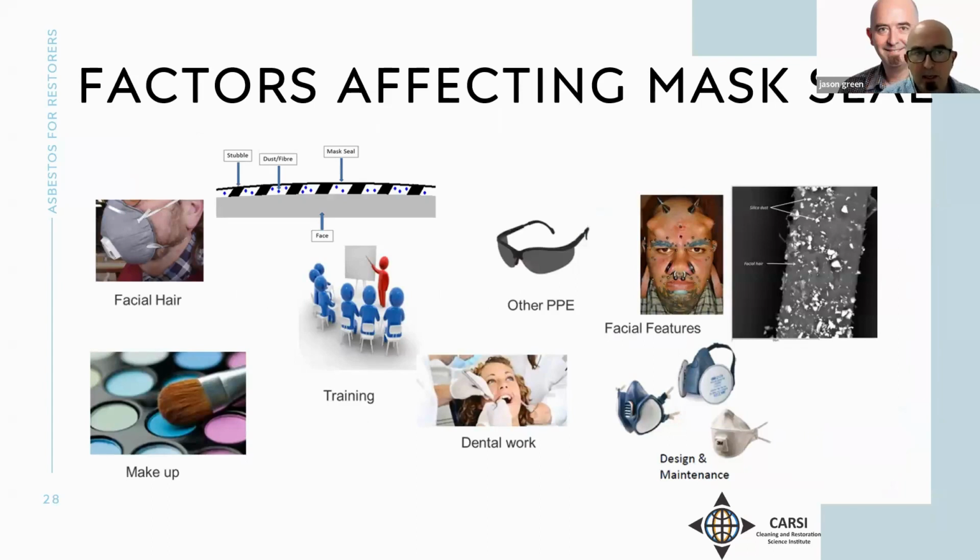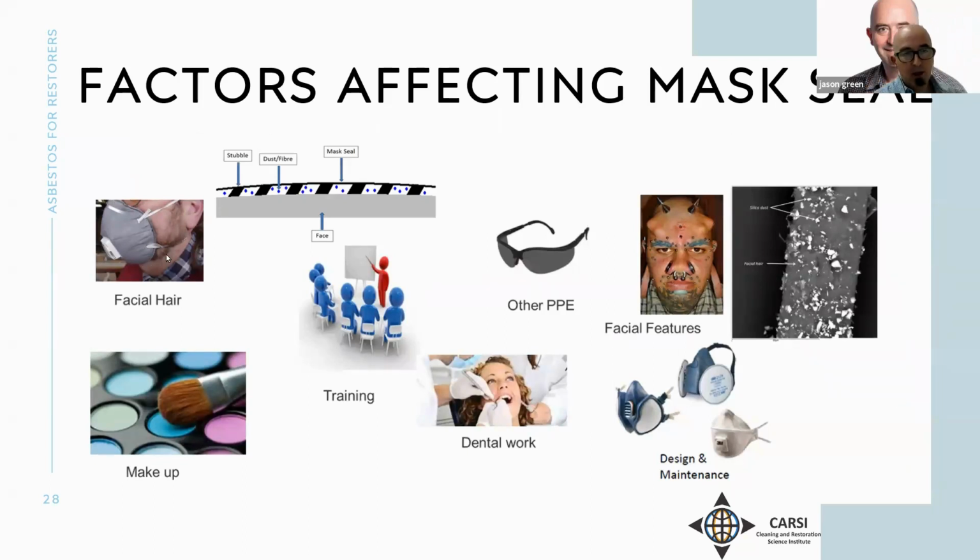When we're looking at respiratory protection and making sure that the workers wearing the masks have the correct and appropriate mask for the situation and for that person, there are a lot of different factors around the mask seal. Facial hair is a massive one. If people have facial hair, they're not going to get a proper seal around the face.